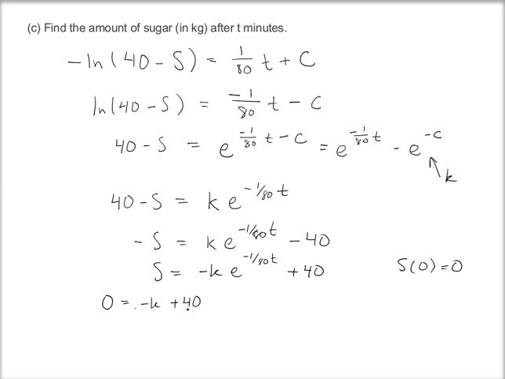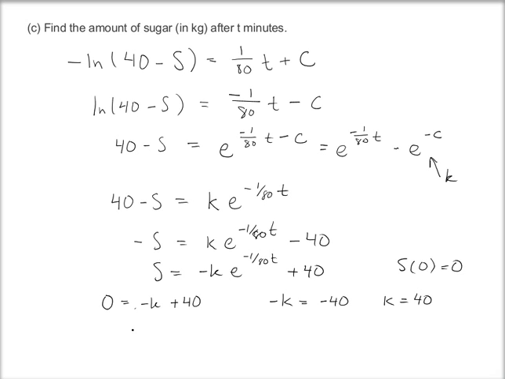So what does that mean? That means that negative k is equal to negative 40, or k is equal to 40.